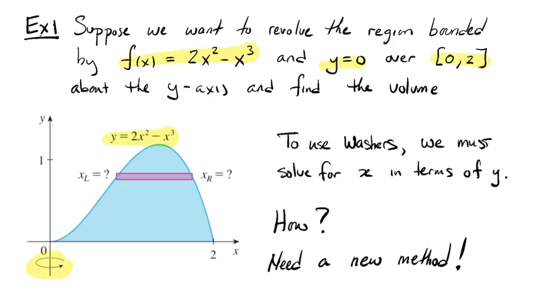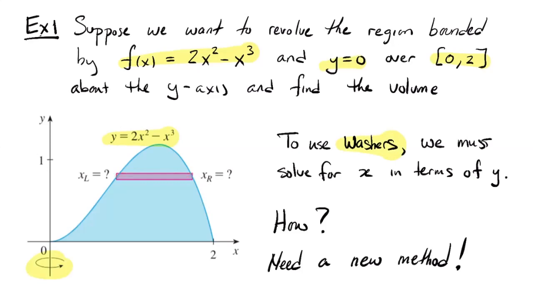So why do we need a new method? Remember that when you're using disks or the washer method, your local estimate, your segment, or in this case, the author's drawn it like a thickened interval, has some thickness. This segment has to be perpendicular to the axis of rotation.